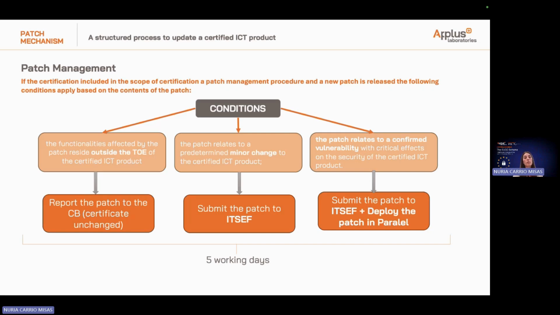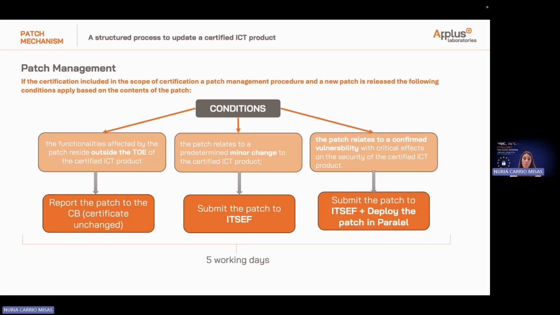The first scenario is where the functionalities affected by the patch reside outside of the TOE, of the certified ICT product. Then it is expected that you report this to the certification body, and hopefully, if the analysis is correct and the functionalities affected are outside of the TOE, then the certificate will remain unchanged.